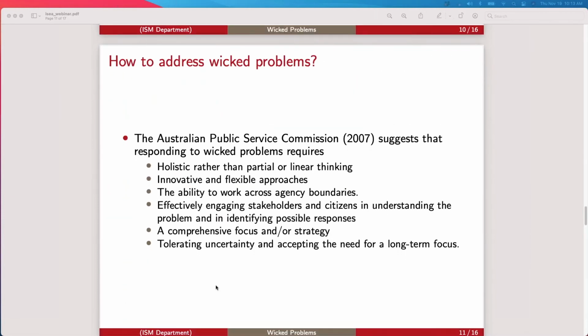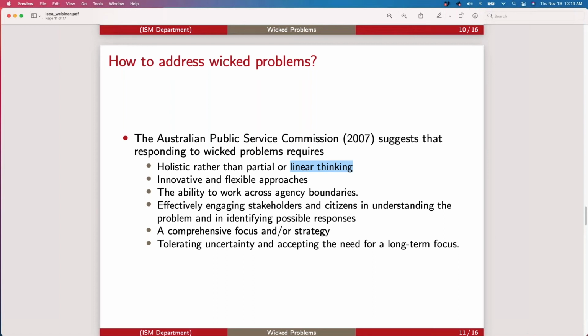Here's another thing I found. How do we address wicked problems? The Australian Public Service Commission in 2007 suggested that responding to wicked problems requires the following. Notice in many of these, you can see a similarity to statistical engineering. Holistic. Some question I might have, philosophically speaking, and we'll talk about that in a minute, is the compatibility between SE and wicked problems.